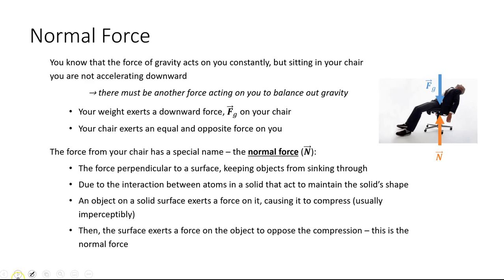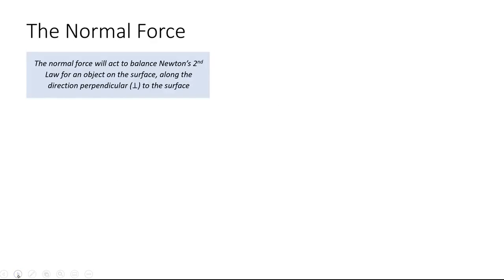Okay, so now let's talk a little bit more about how we can actually determine the magnitude of that normal force. Remember, the normal force is what keeps you from sinking through a surface, so it's going to be the force that balances Newton's second law for an object sitting on a surface, specifically for the direction that's perpendicular to the surface.